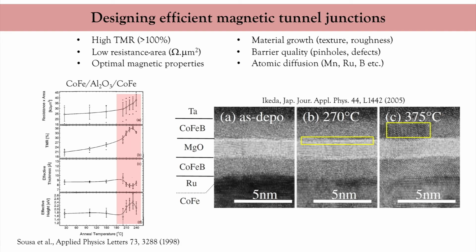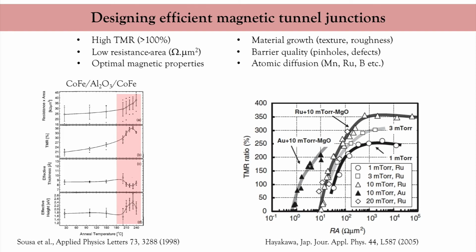And around 375 degrees, even the cobalt-iron-boron electrode starts crystallizing. The job of device engineers is really about finding the proper recipe to reach a compromise between high TMR and low resistance area product. And this comes out of long systematic studies that involve the deposition conditions, choice of materials, and so on.